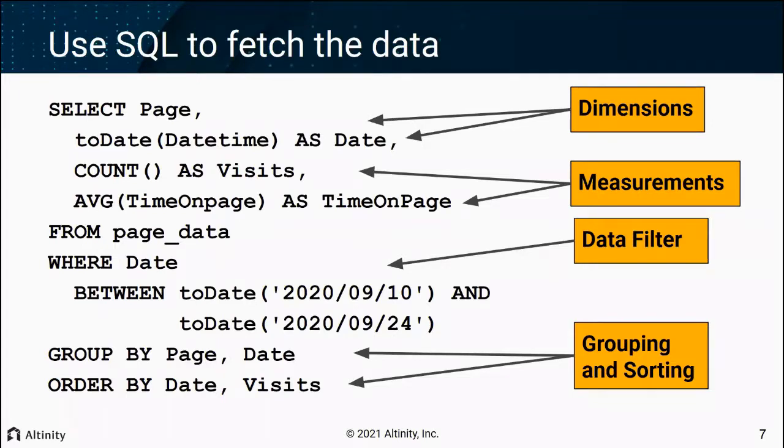The grouping is basically picking dimensions to group by, and in this case, it means any other dimension is ignored. And then we're ordering the data so that we'll show it by the date and then the number of visits. So this is another important characteristic of SQL data warehouses: they use, as far as possible, standard SQL.